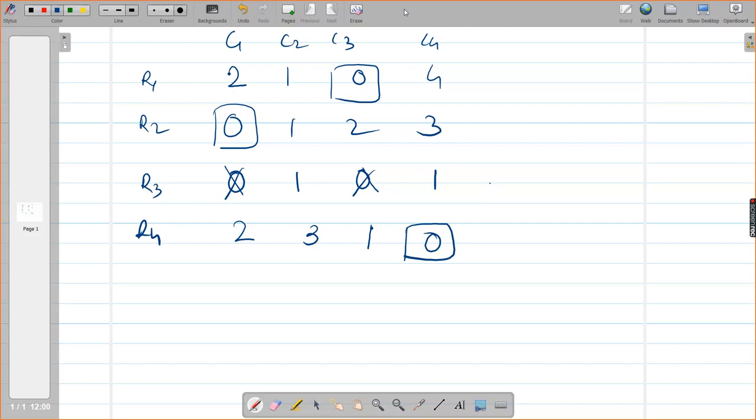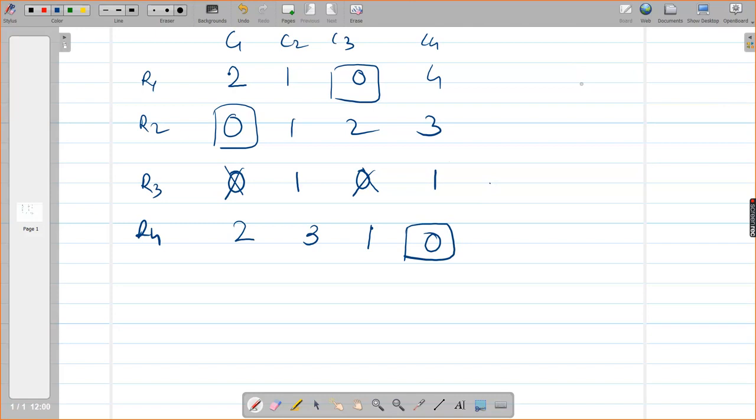C2 is not assigned to anyone. C3 is assigned to R1. C4 is getting the assignment R4. But R3 is not getting any assignment, and C2 is also not getting any assignment. So this is an insufficient number of zeros, and because of that we are getting the problem. So how to introduce some more zeros?